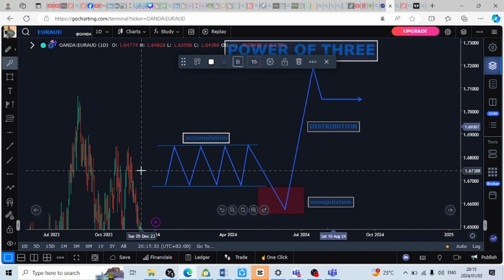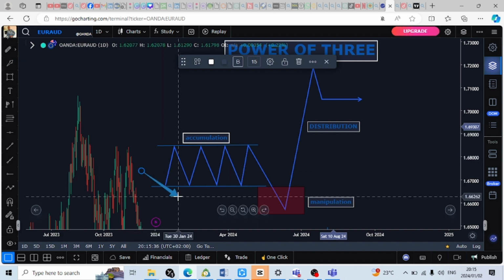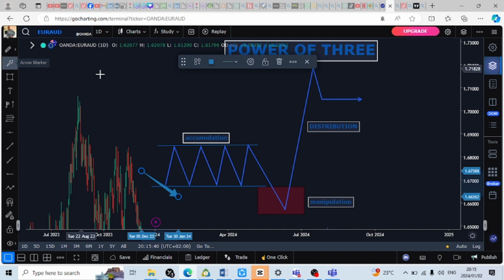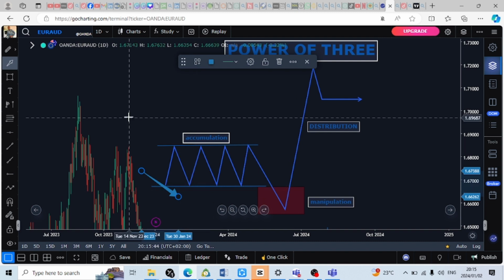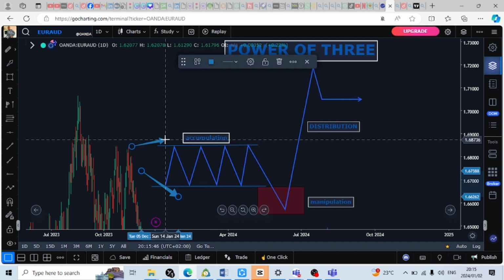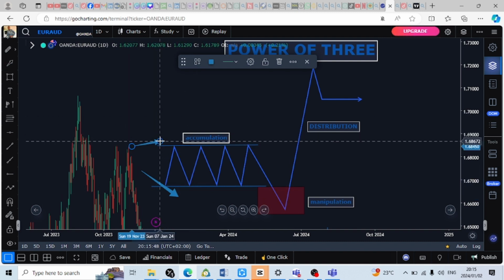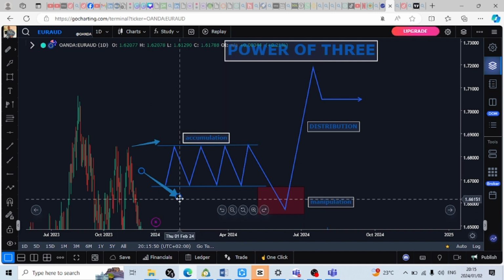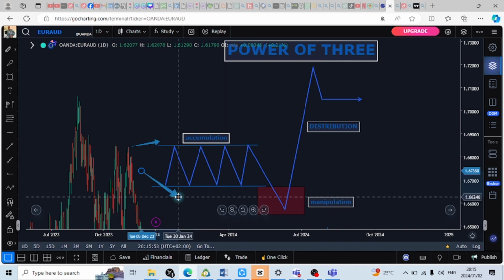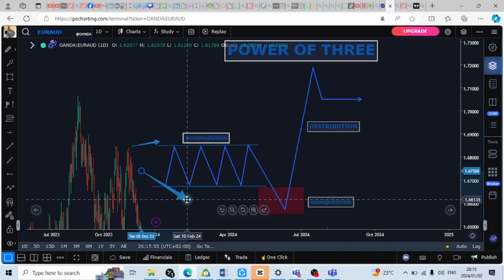So we have sell side liquidity residing below this level during the accumulation, and we also have buy side above this level. Like what I said, in most cases, price will normally move to do two things, which is to grab liquidity and also to fill up an imbalance.